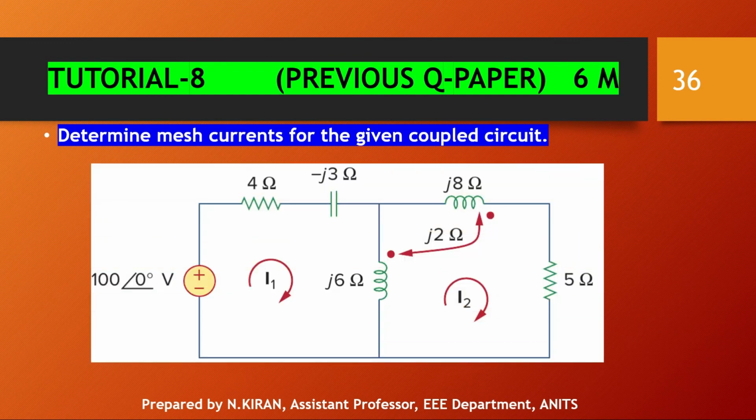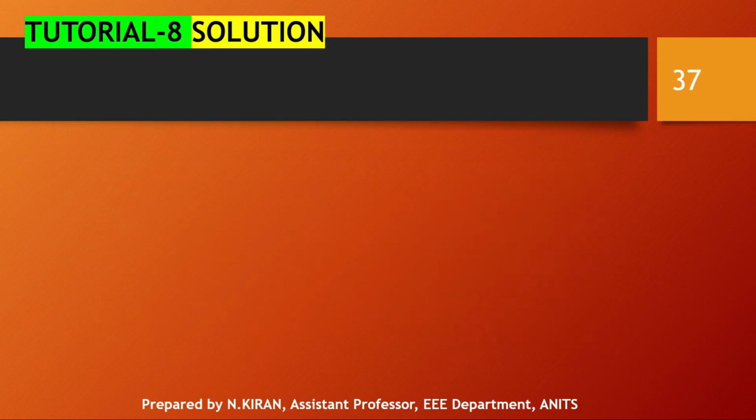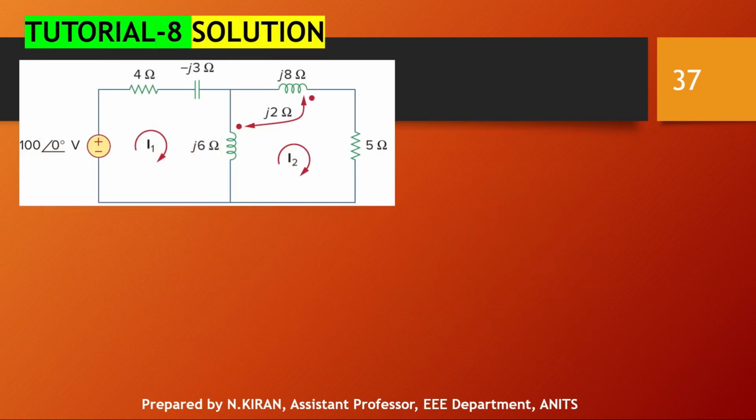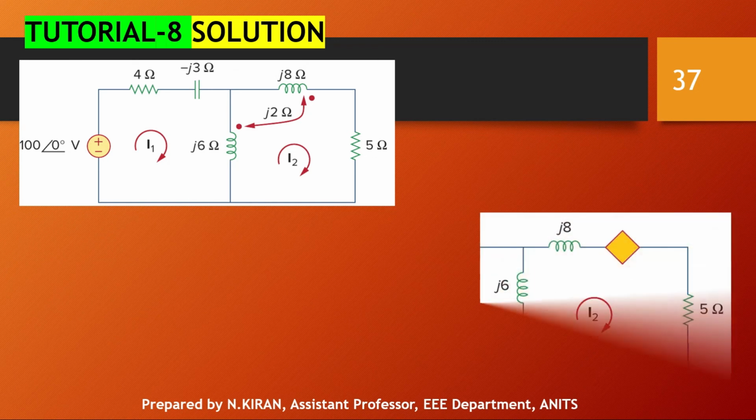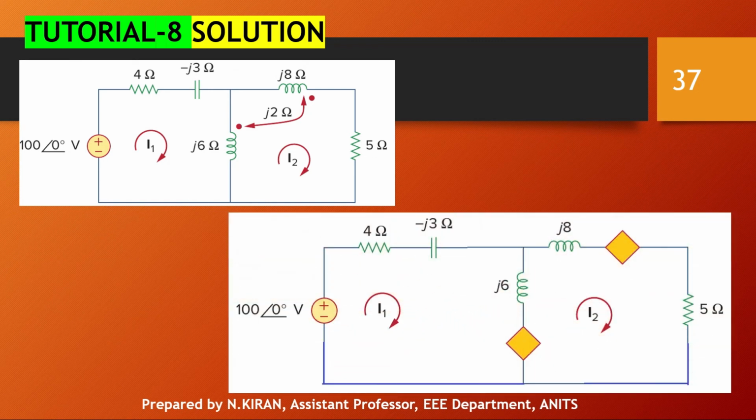Eighth sum asks us to find mesh currents for the given coupled coil. First trying to find the electrical equivalent. Each coil will have one self-induced EMF and one mutually induced EMF. Here the current is entering at the dotted end of the first coil, so I'll get positive near the dotted end and negative at the undotted end.